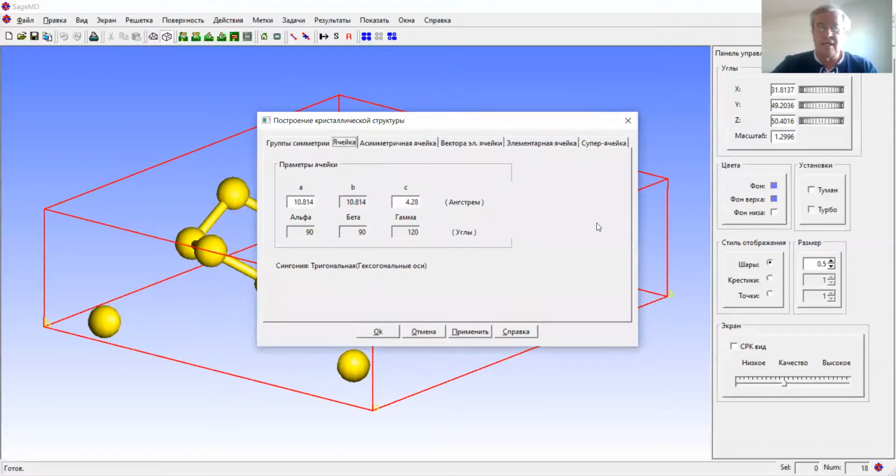And it has a hexagonal structure. Hexagonal structure means that we have 2 parameters A and B equal, and C is different. 2 angles are 90 degrees and 1 angle is 120 degrees. So that's how a hexagonal structure is made.